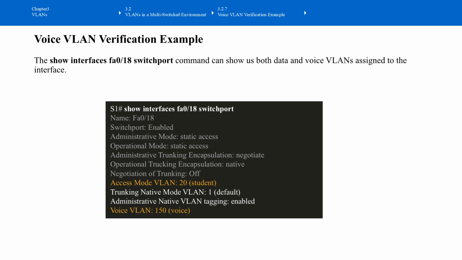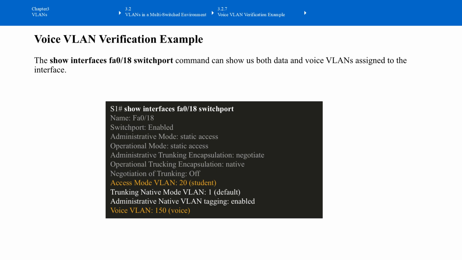So here shows a simple example, the command for showing interface FastEthernet 0/18 switchport. So we use show interfaces F0/18 switchport. And as you can see, it gives us the key information about this particular port.